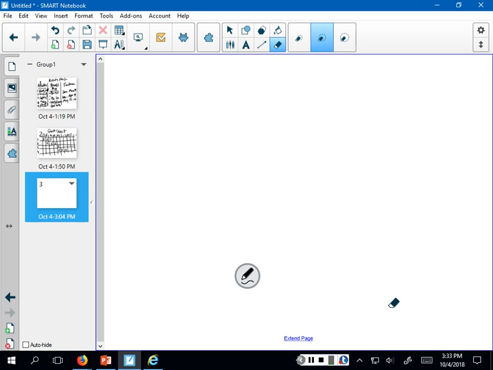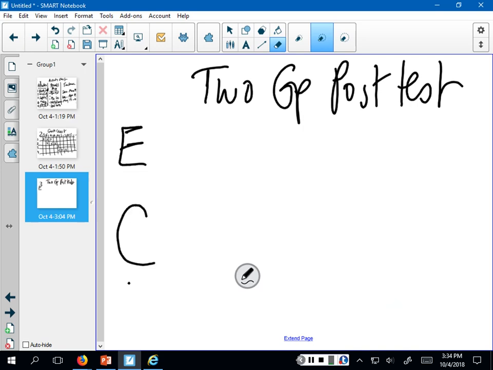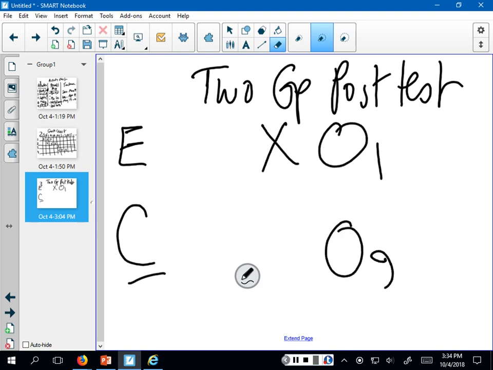I used an evaluation design called the two-group post-test. Experimental group, comparison group, intervention, O1, O2. No baseline data. Two-group post-test. There's no pre-test data.